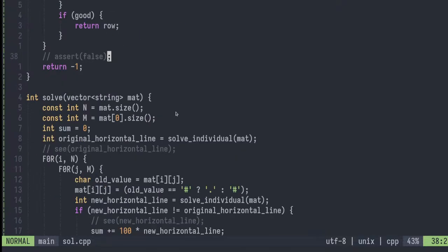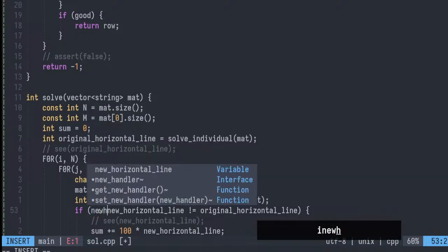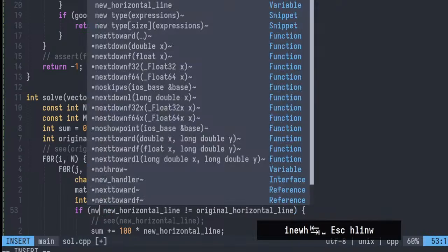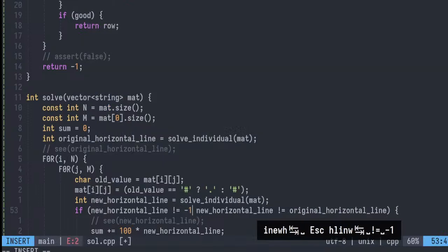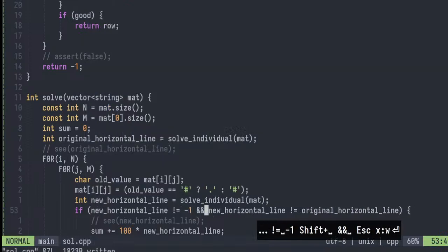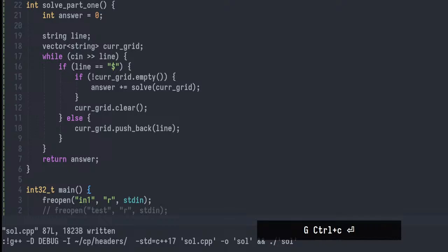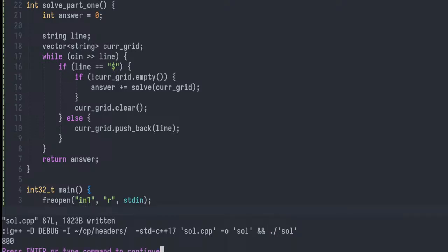Solve individual. Let's check that this is also not minus 1, and it is not equal to this original. Otherwise it will just keep on adding. 800.